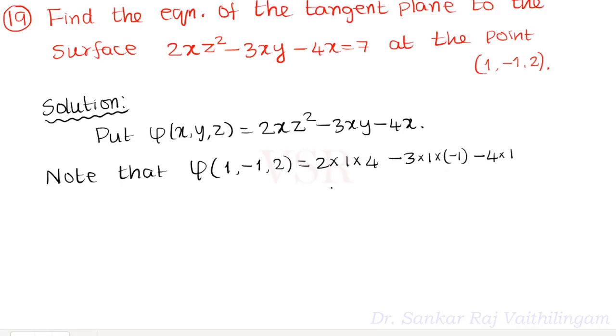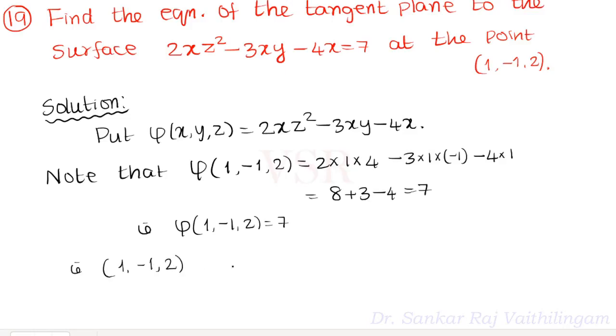So what is this? This is equal to 8 plus 3 minus 4, which is equal to 7. Okay, that is phi of 1, minus 1, 2 which is equal to 7. That is, 1 comma minus 1 comma 2 lies on the surface.